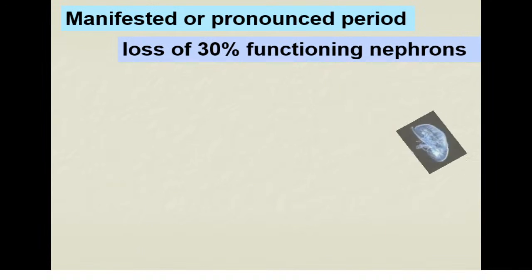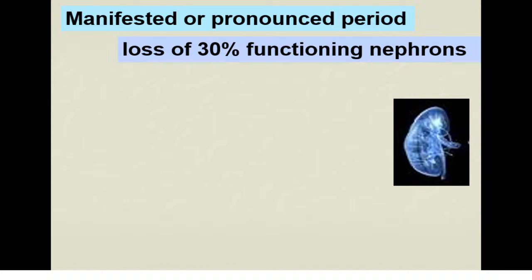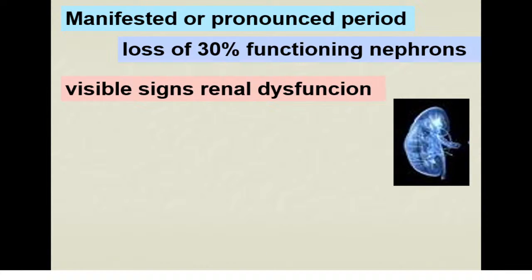The second manifested period will be visible when 30% of functional nephrons are lost. You see, the kidney, like the liver, has high compensatory ability. As a result, we'll see signs of renal dysfunction.